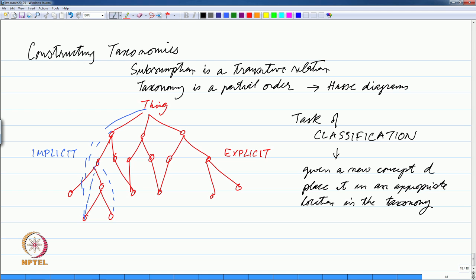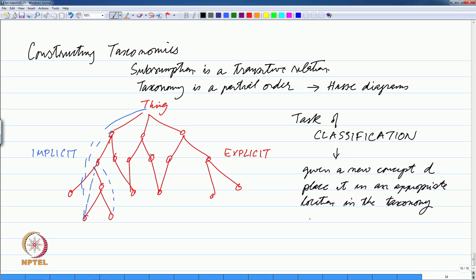Today in this class we are going to look at this algorithm for classification, and by this we mean that you have an existing taxonomy and suddenly you get a new concept. Where should you place the new concept in the taxonomy? For example, maybe the new concept should sit here, and then maybe you have to establish new edges and so on.